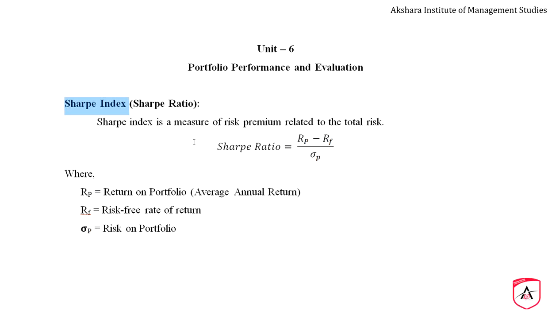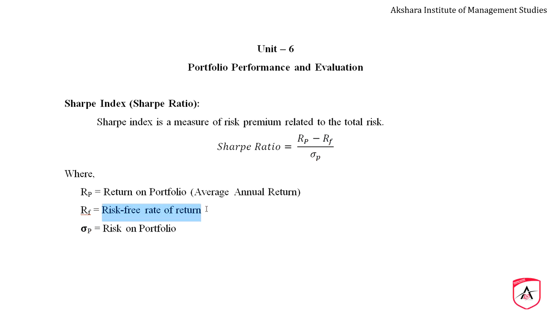In order to check that, we have a small formula, the Sharpe ratio. We call this the Sharpe index also, or Sharpe performance index. By using this we are going to calculate with RP, the return on portfolio or average annual return, and RF, the risk-free rate of return.